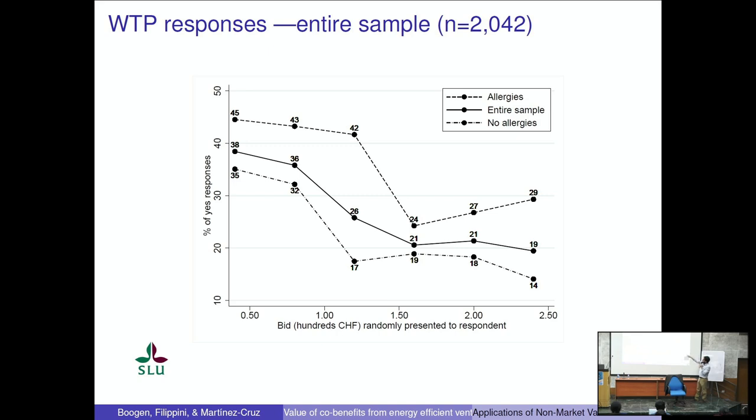Ideally, we would have wanted to have 80% at least of yes in the very left. But we just get 40%. Yeah, exactly, because the lowest bid that we presented was 50 CHFs.